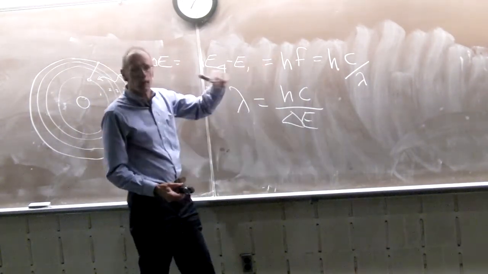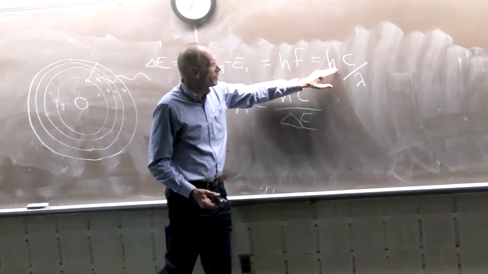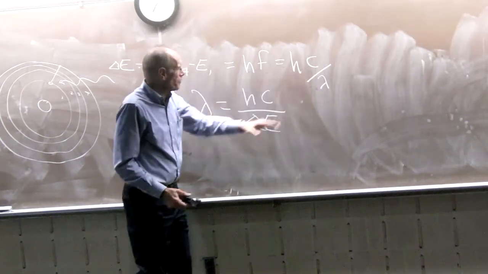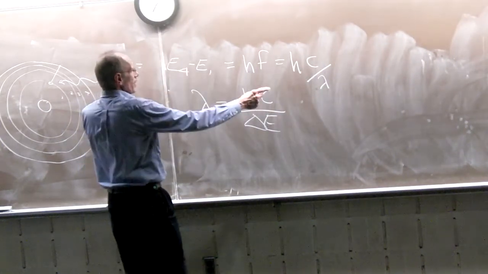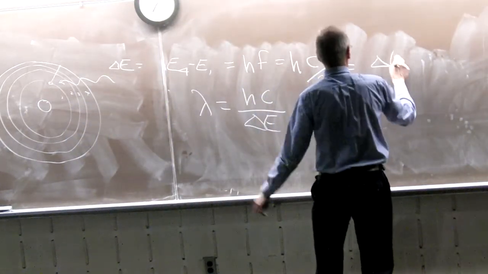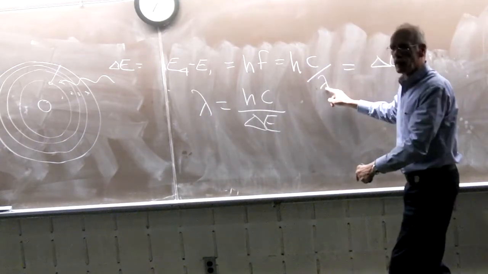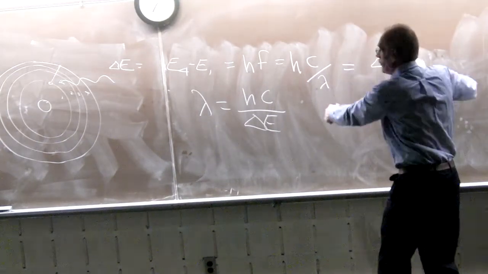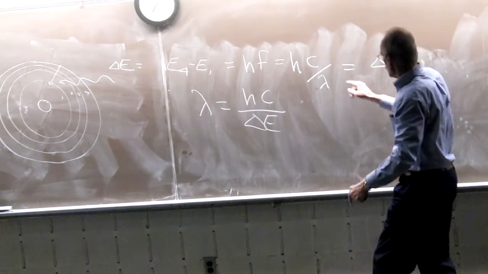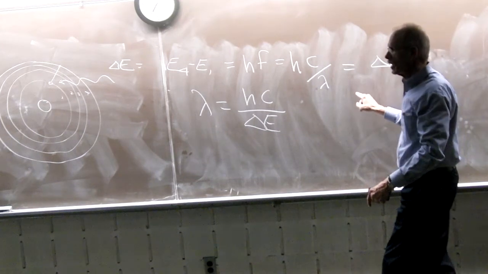But energy for photons is equal to h times the frequency. Frequency is speed of light over wavelength. So I substitute, and then I said, this is equal to delta E. So I can solve for wavelength by just manipulating the equation. I could multiply both sides by lambda and divide both sides by delta E.